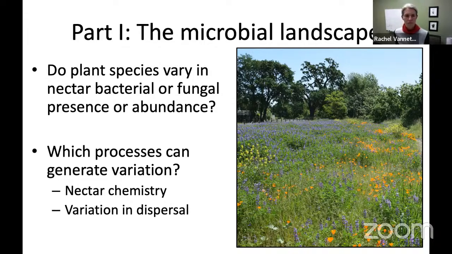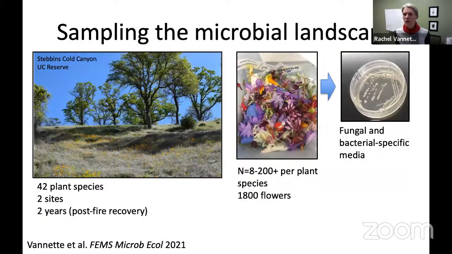So to take a first look at this, we decided to sample the microbial landscape by going to 2 different sites and sampling basically all of the flowering plant species that we could find that produce nectar. We also conducted this sampling across 2 different years. And in one of the sites, we started sampling the first year after a large fire went through.